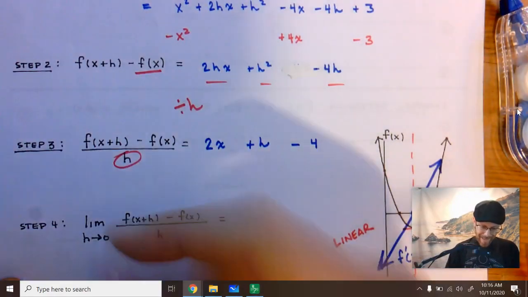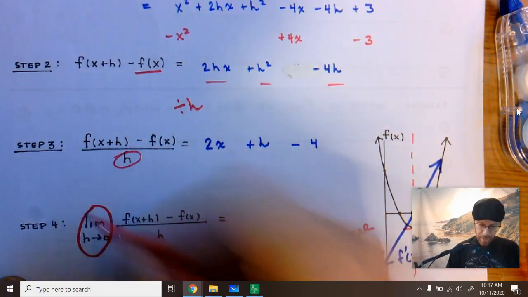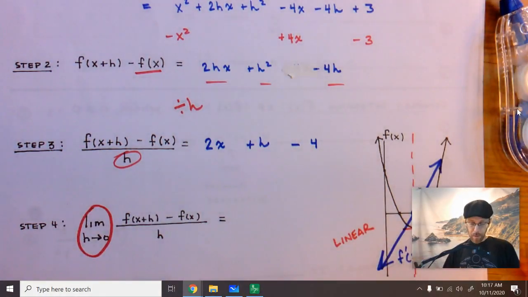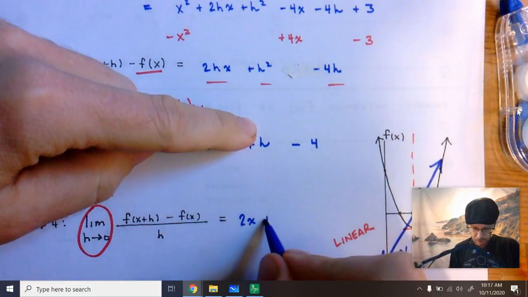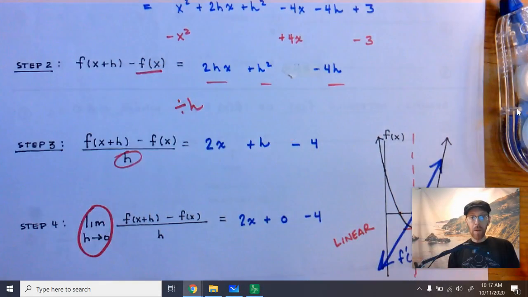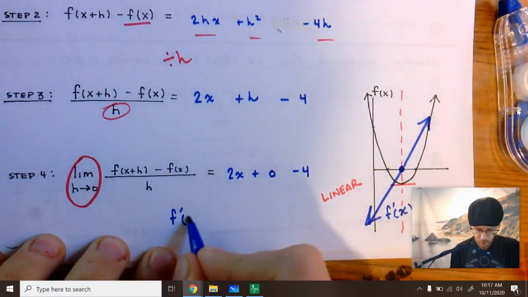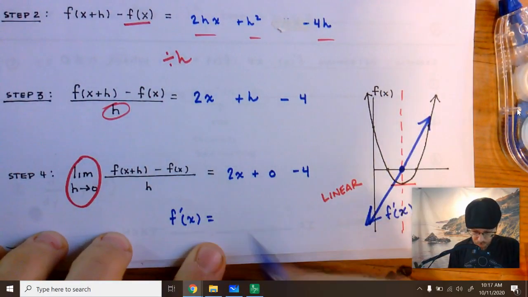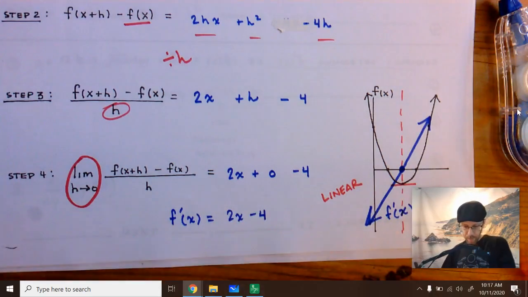And then the last step is to take the limit as h goes to 0. Now, if we do that, what we're going to end up with here is 2x plus, plug in a 0, minus 4, which means that the derivative function is equal to 2x minus 4.